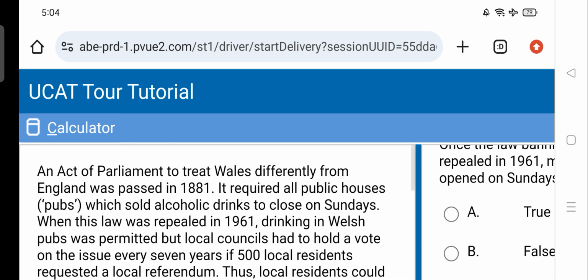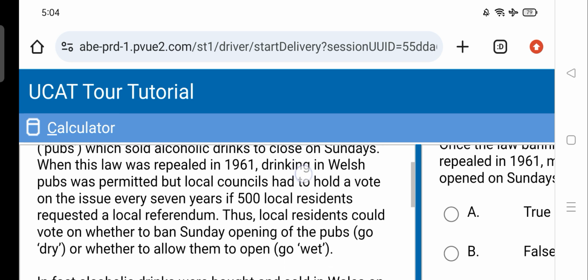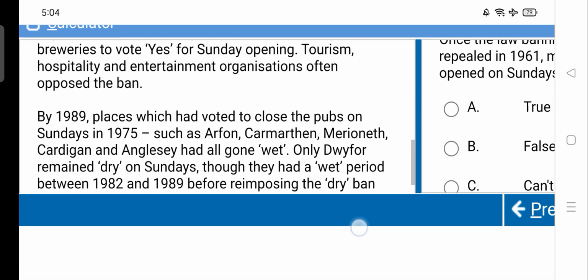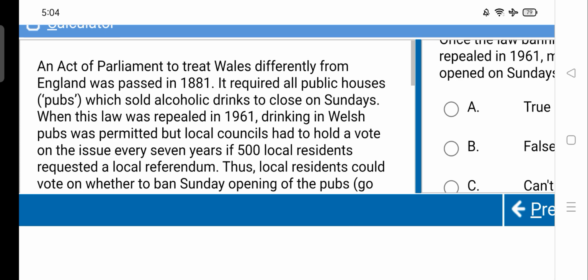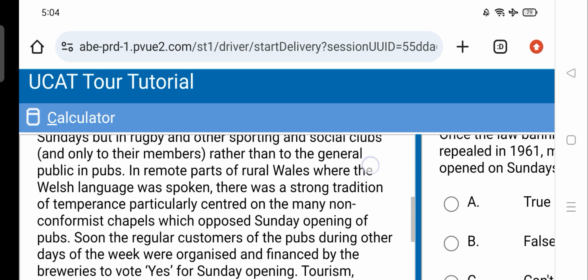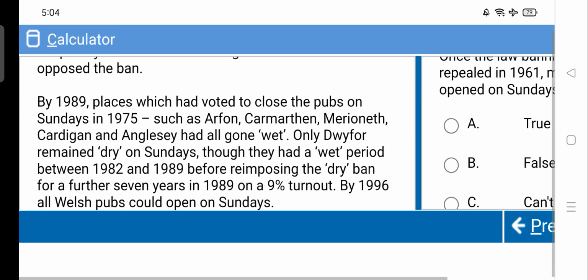In verbal reasoning there are paragraphs given in which information is required to solve our question. So here we have all the paragraphs to read. First we will read these paragraphs, and you can see the scroll bar to move down to see the remaining part.